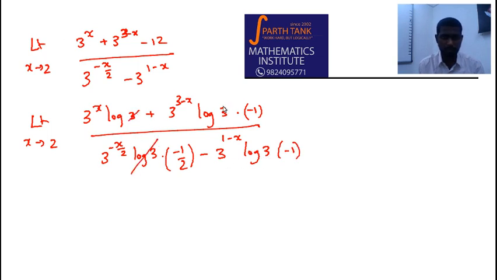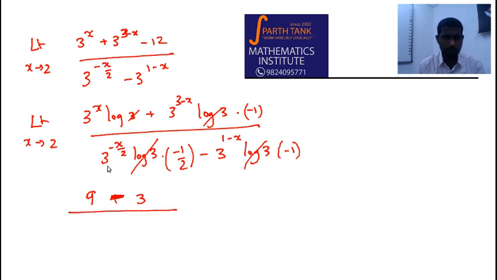So the log 3 can be dropped from everything, and then substitute x is 2. I get 3 squared, 9, plus 3 to the power 3 minus 2 with a minus, so it is minus 3. So 9 minus 3, right?